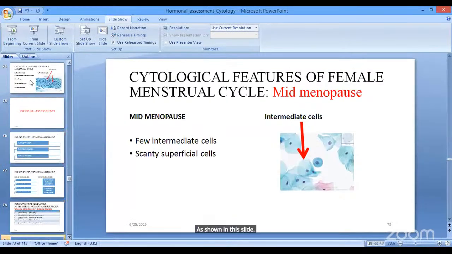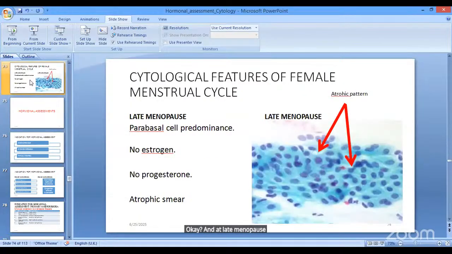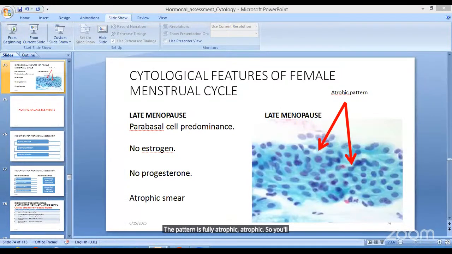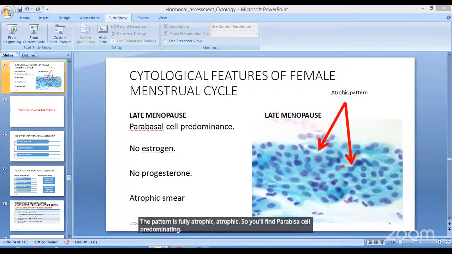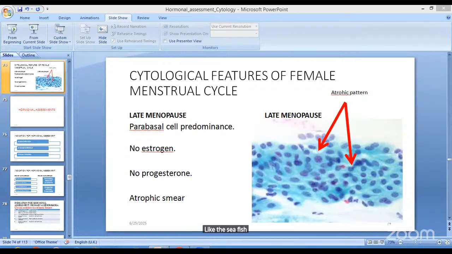At late menopause and post-menopause, the pattern is fully atrophic. So you find parabasal cells predominating, streaming like the sea fish. Estrogen level is 0.